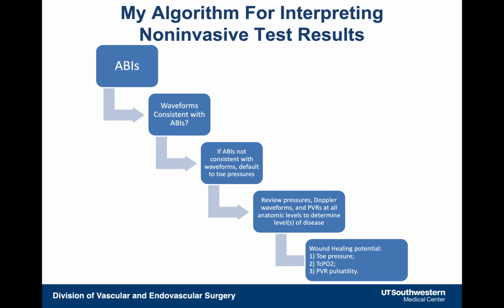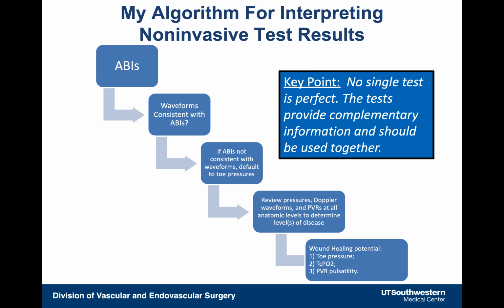So how do we put these together? This is the way I tend to look at vascular laboratories. The information is complementary, and very few of these numbers or data can stand on their own. No single test is perfect. The tests are all complementary and should be used together. So the way I look at a patient is I first go immediately to the ankle brachial index.